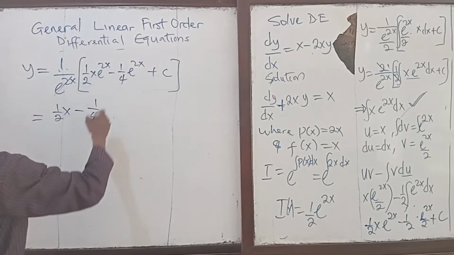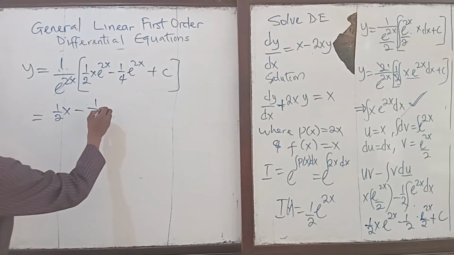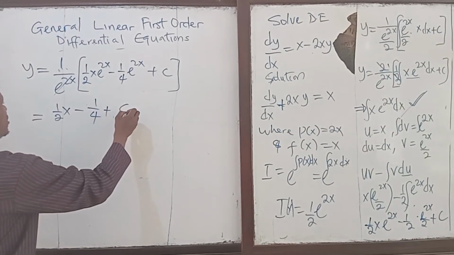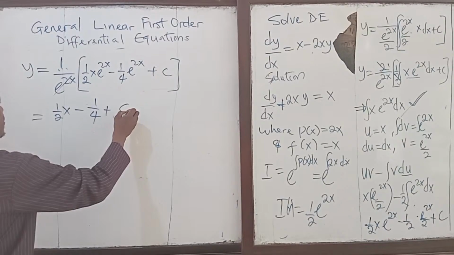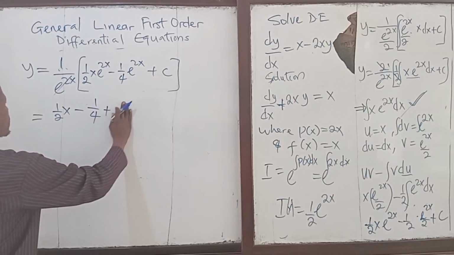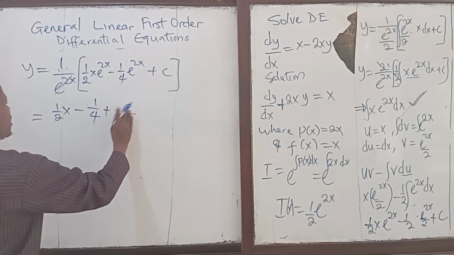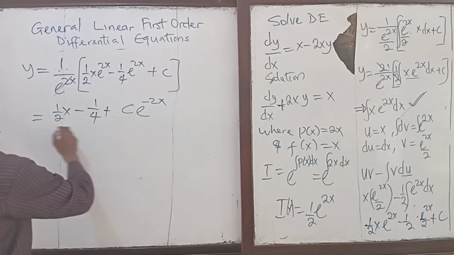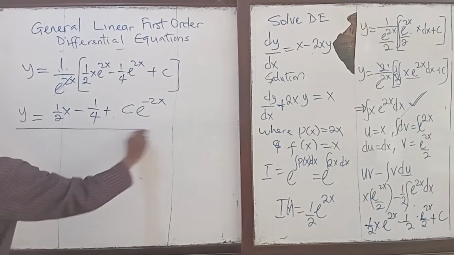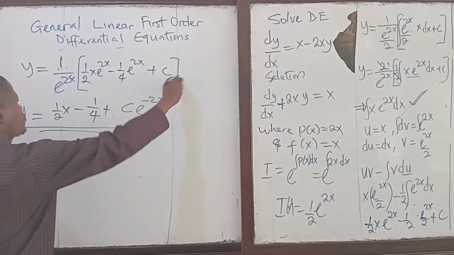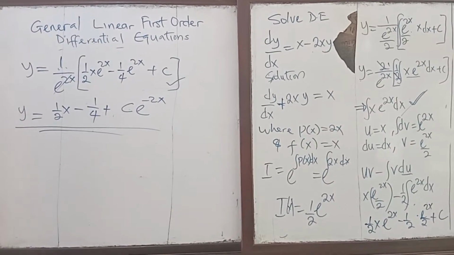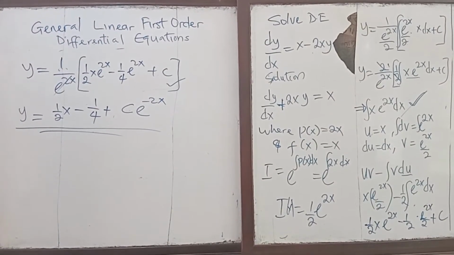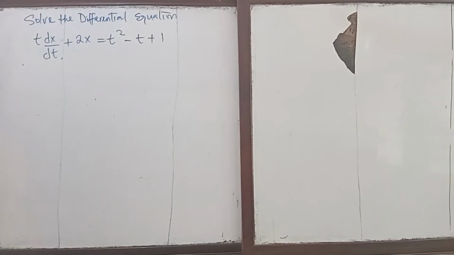This one and this one will cancel. 1 over 4, and then plus c e to the power minus 2x. So that's that. In that case, you can do it this way, and then you have that. So that's that. You don't want to cause confusion.